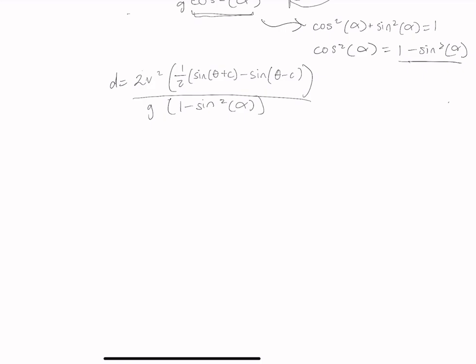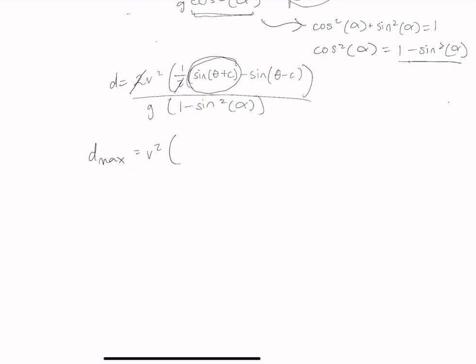So we see that there's a 2 on the top and bottom of the numerator, so we can cancel those. And since we're looking for the maximum value of d, we want the numerator to be the largest possible value it can be. So for this portion of the parentheses, we want that to be the largest it can be, and that is only possible if this value that is being subtracted from is the largest possible value it can be.